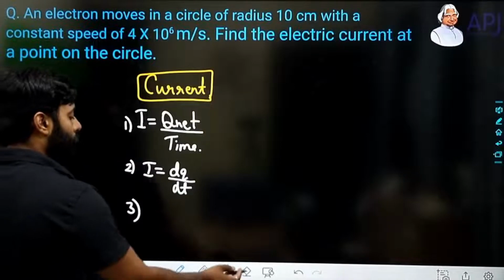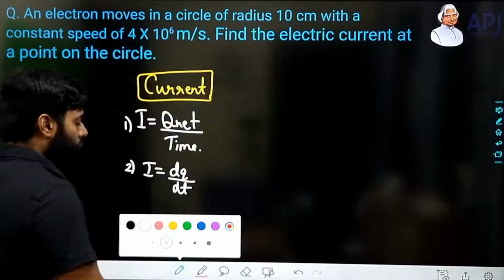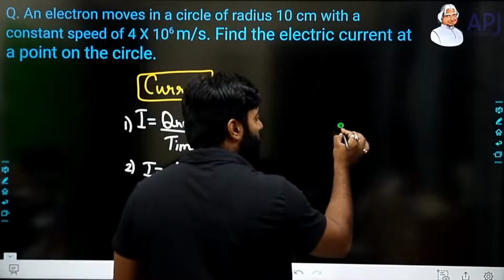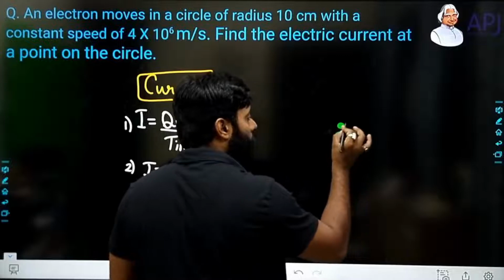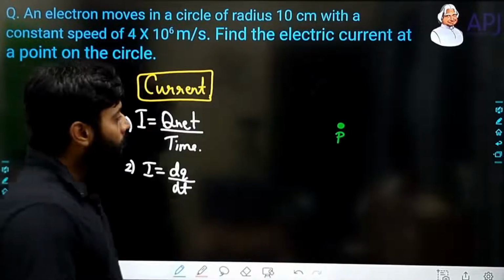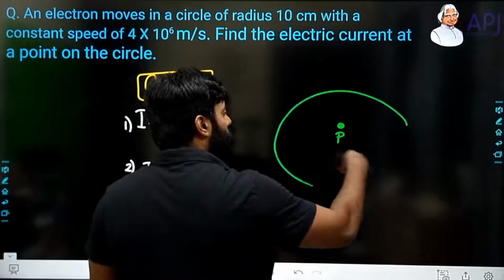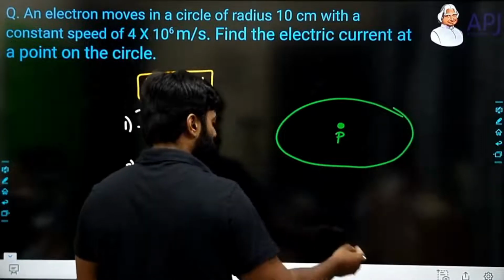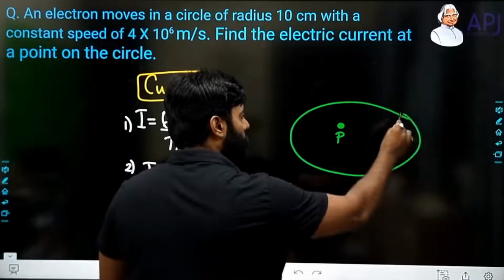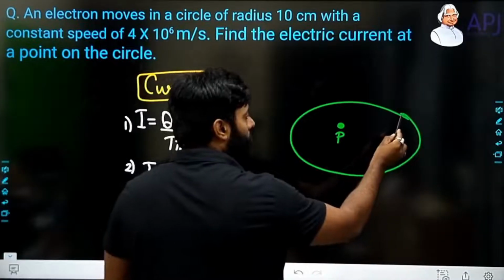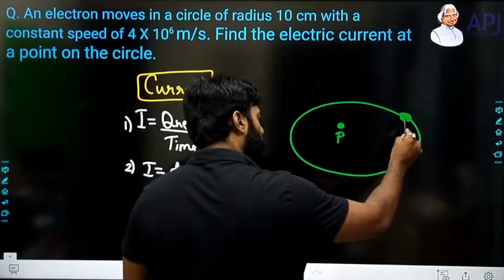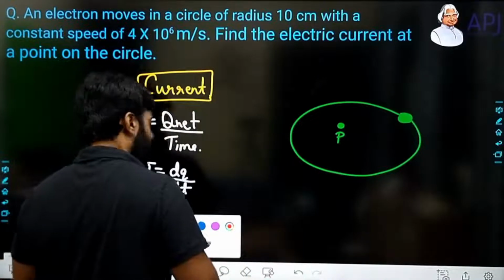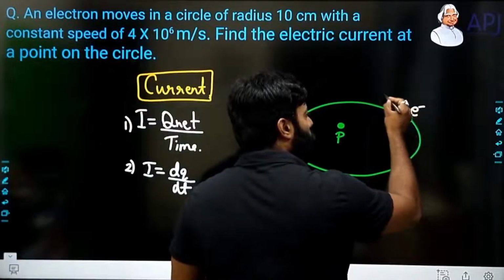The third thing is very important, and this is what I'm going to tell you. Assume that you have a positive charge here, and around this positive charge there is one electron which is revolving.